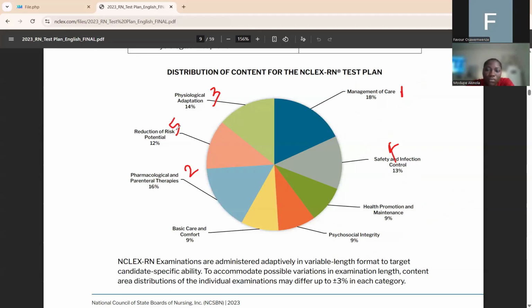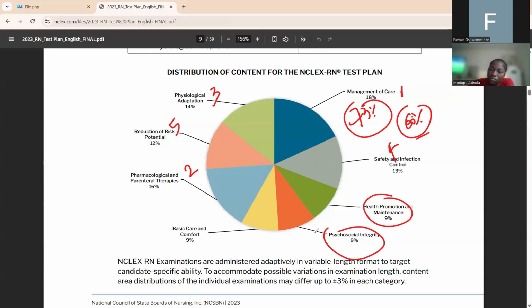These five areas, which I numbered on the screen, give you 73% of the exam. You need just 60% of the exam in order to be above the passing standard, or have the knowledge that requires you to pass the NCLEX exam. You see these areas, one, two, three. That's just 27%.